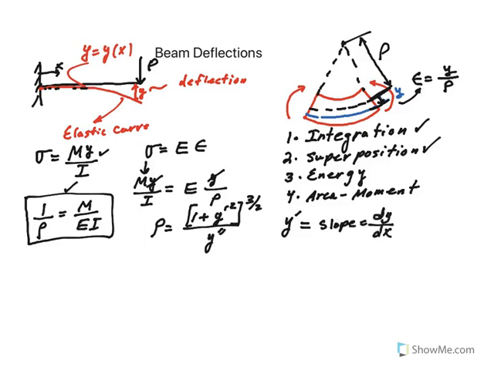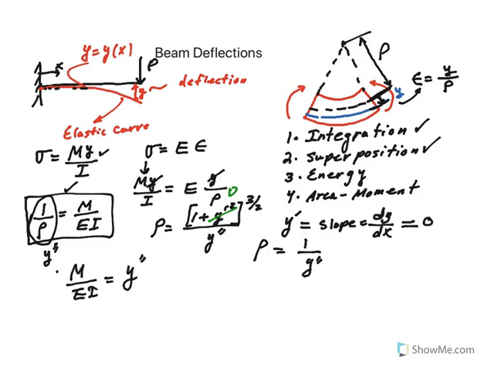If the slope of this elastic curve is small, we say it is almost equal to 0. Then this term is gone, and simply 1 over rho becomes y double prime. And as I said a minute ago, this becomes the differential equation of the elastic curve. So this is going to be the base for the integration method.